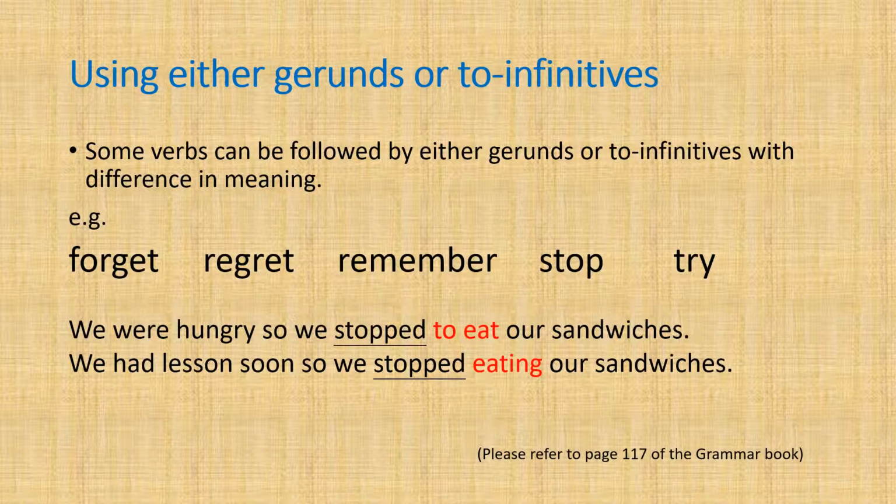On the other hand, we have some cases where after the main verb, if you use gerunds or to infinitives, the meaning will be different. I think for these examples, your teachers have already told you about what the difference in meaning is.